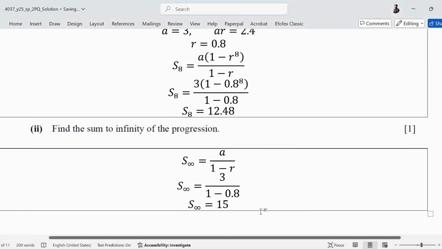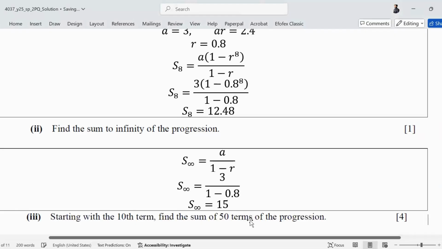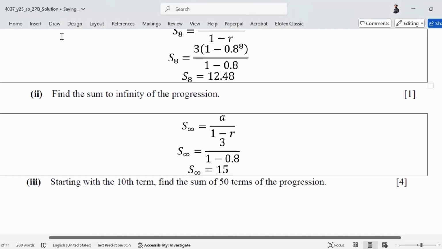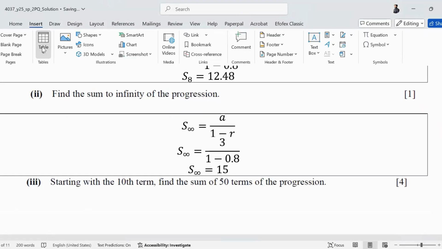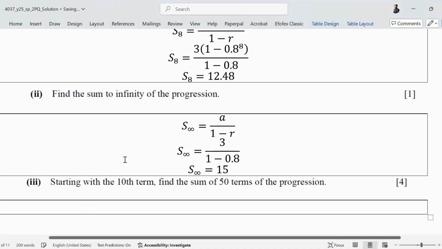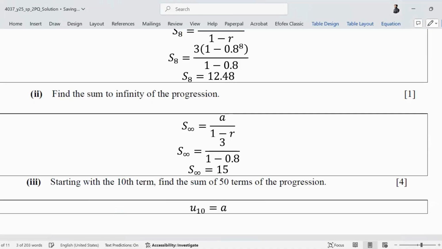Starting with the 10th term, find the sum of 50 terms of the progression. That means 10th term will be the first term, and after the 10th term, I need to find the sum of the 50 terms. So R will remain the same, but 10th term means AR to the power 9, which is 3 into 0.8 to the power 9.